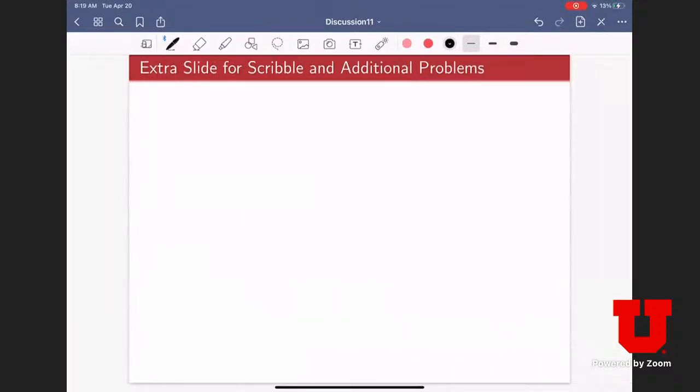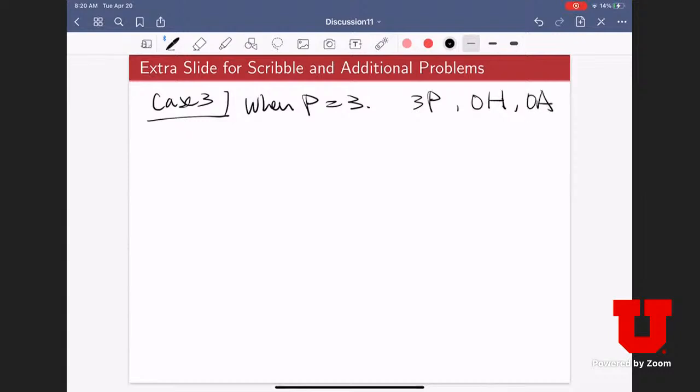All right, and then let's take a look at case 3. When you have 3 pars, your P equals 3. And this one should give you the only combination, because you have 3 holes: 3P, 0H, and 0A.